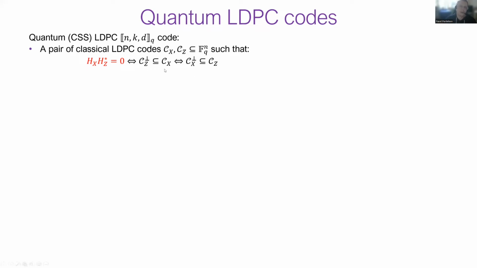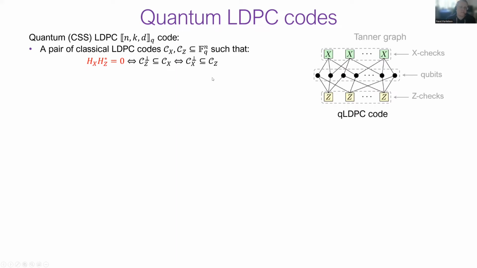This is why we need two codes to protect from both types of errors. We also cannot use arbitrary codes. Their parity check matrices should satisfy a special orthogonality or commutativity condition. This condition just says that every row of the parity check matrix H_X is orthogonal to every row of the matrix H_Z, where the star just means the transpose.